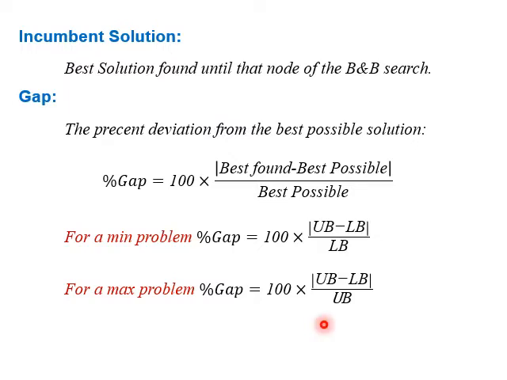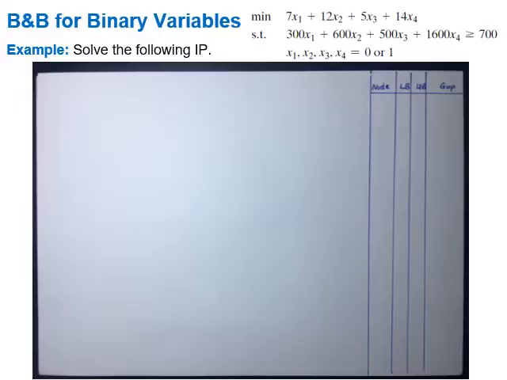Divided by upper bound this time, because the best possible value for a maximization problem is the upper bound. So the difference between minimization and maximization is the denominator. In minimization, you have lower bound. In maximization, you have upper bound. Okay? So this is how we calculate the gap. We will make examples to show you how we calculate these.